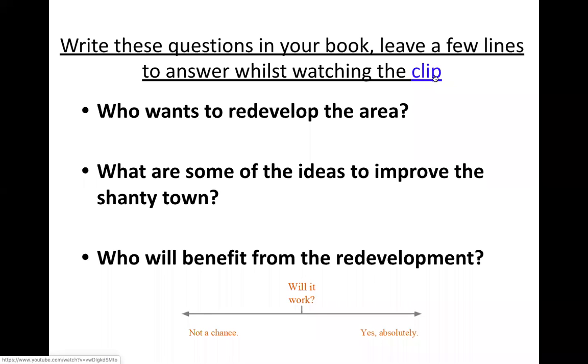I'm sharing a clip on YouTube, and this clip is going to be telling you all about the Dharavi slum, and it's going to be looking at redevelopment, which means improving, rebuilding, making life better in the area. The key questions you're going to answer: who wants to redevelop? What are some of the ideas? Who will benefit from the redevelopment?